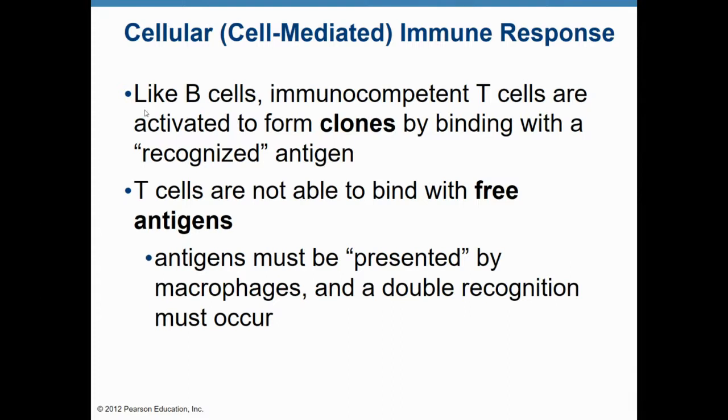Remember, our T cells, when they are undergoing their education in the thymus, are going to have their antigens presented to them by a macrophage, right? It's not going to see it in its pure, unchopped up form. It's only going to recognize it in its chopped up form.